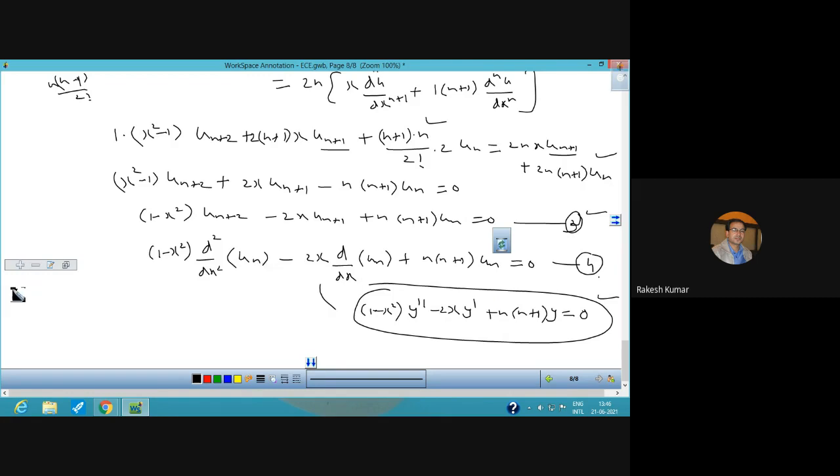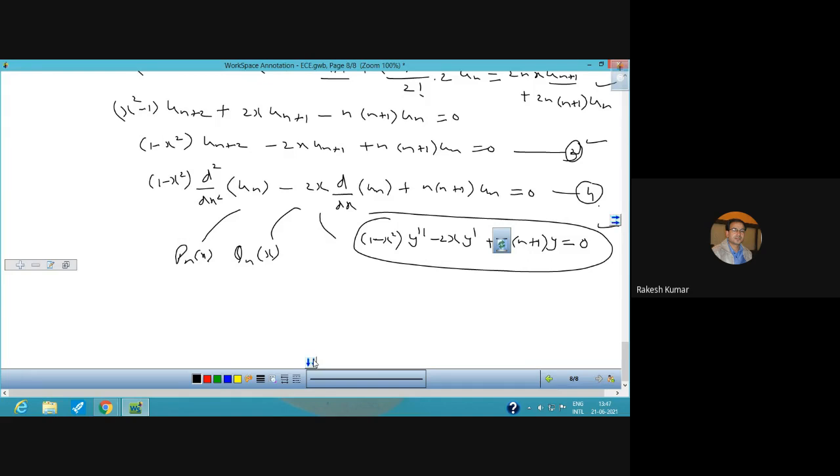So you can write down as we can say that this equation also has solution Pn and Qn. Pnx is a Legendre solution of first kind of order n. Qnx is a Legendre solution of second kind of order n.